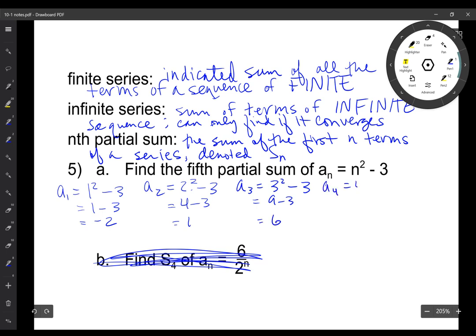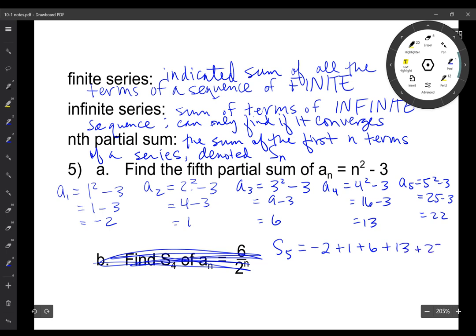A4, 4 squared minus 3, 16 minus 3 is 13. And A5, 5 squared minus 3, 25 minus 3 is 22. Now those are the ones I want to add together. So S sub 5, the sum of the first 5 terms, is negative 2 plus 1 plus 6 plus 13 plus 22, and that's going to be 40.